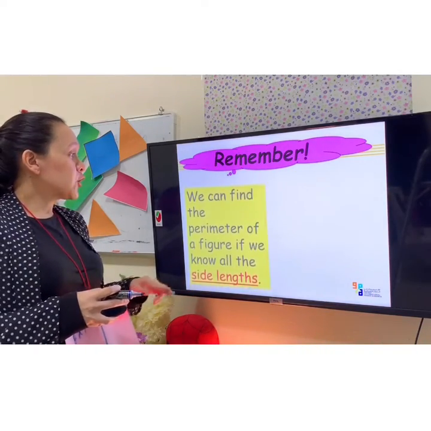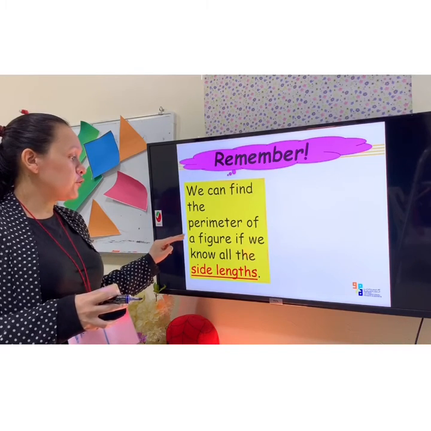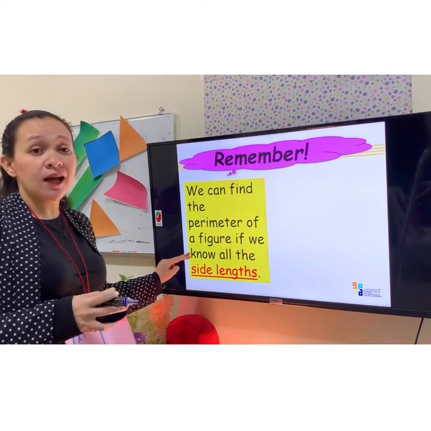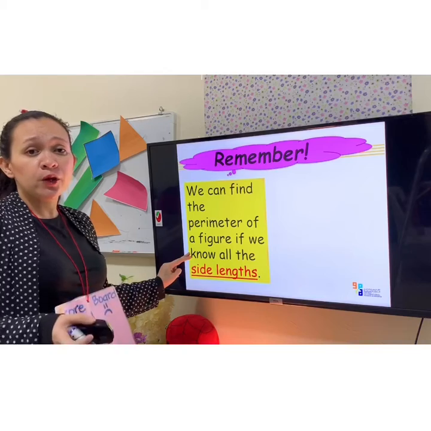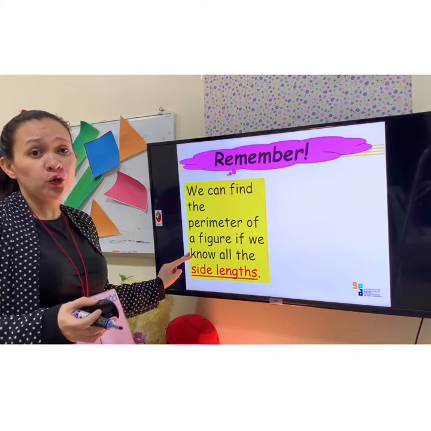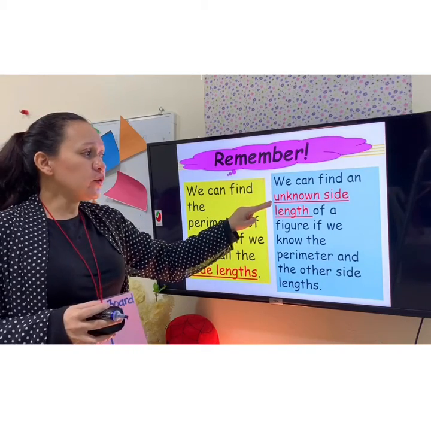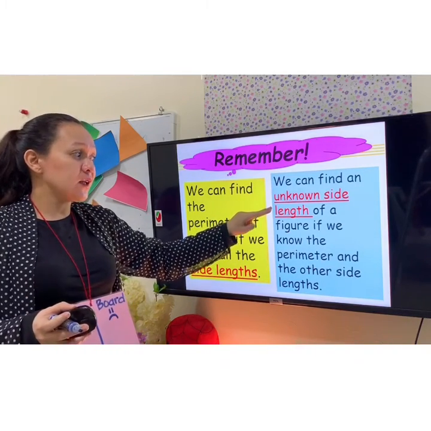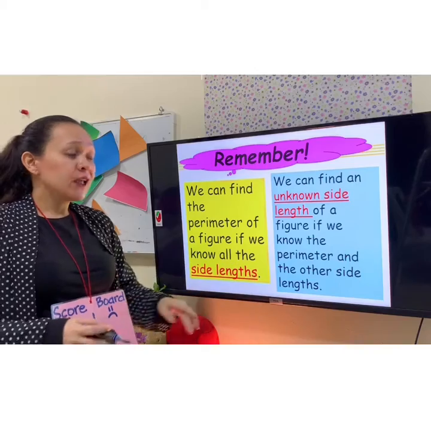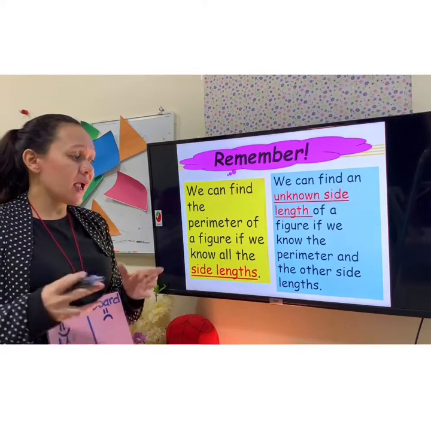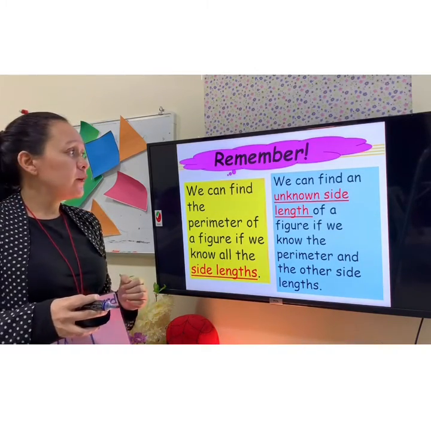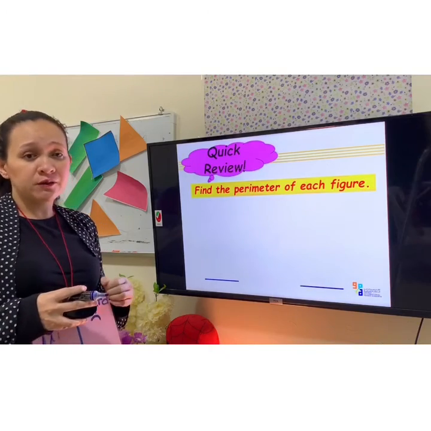Now, remember, we can find the perimeter of a figure if we know all the side lengths. But how about if we don't know or there is an unknown side? So, we can find an unknown side length of a figure if we know the perimeter and the other side lengths. Now, let's move to our quick review.